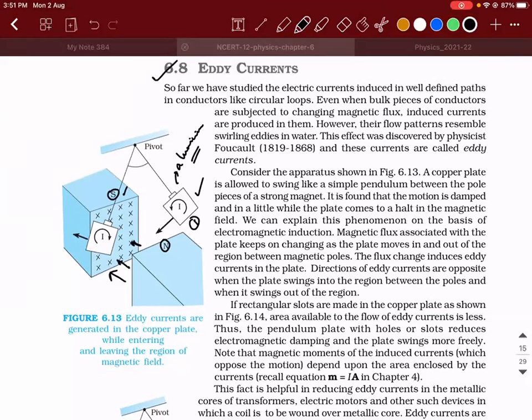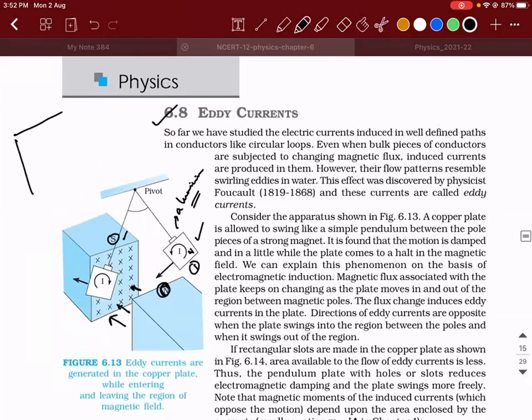When the flux is increasing, what pole will get generated? The same pole as the one the particular metal sheet is facing. The metal sheet is facing the north pole on this side, so a north pole will get generated. Now observe, guys.